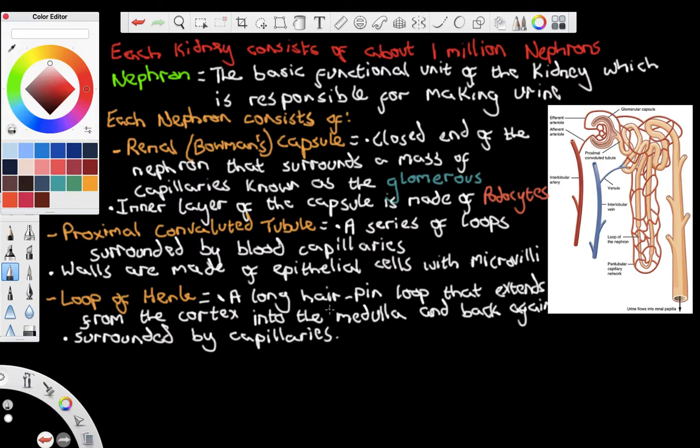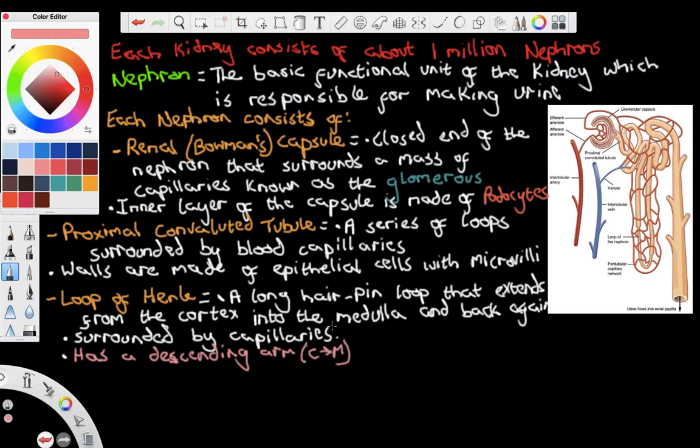And it's also worth mentioning here that it has a descending loop that goes from the cortex into the medulla and an ascending part of it that goes from the medulla back into the cortex. So it has a descending arm, which goes from the cortex into the medulla.